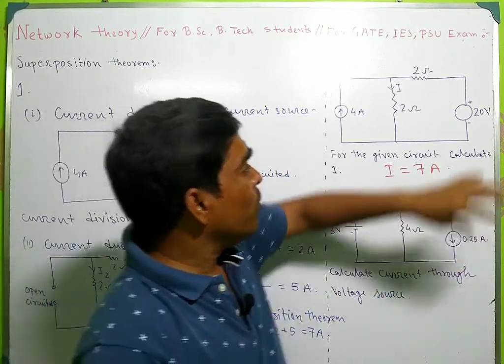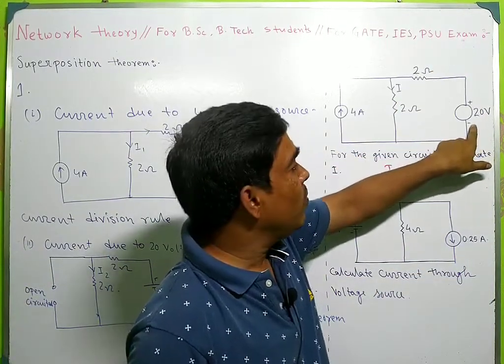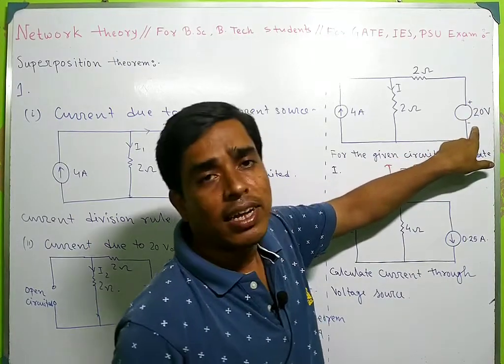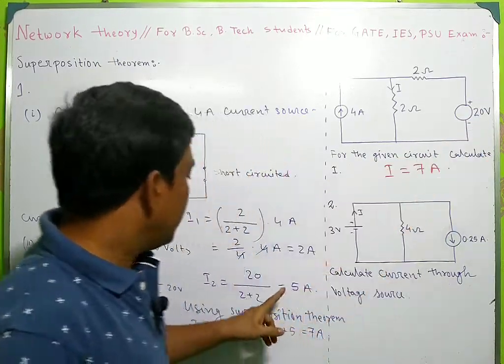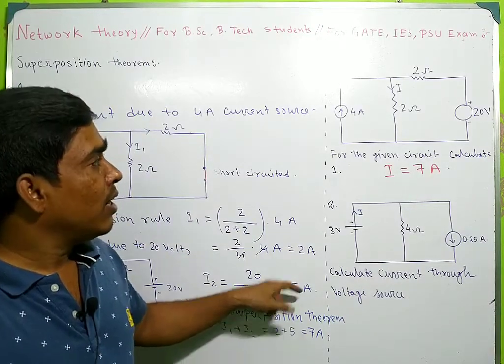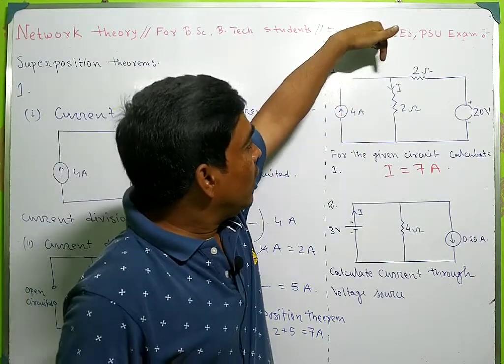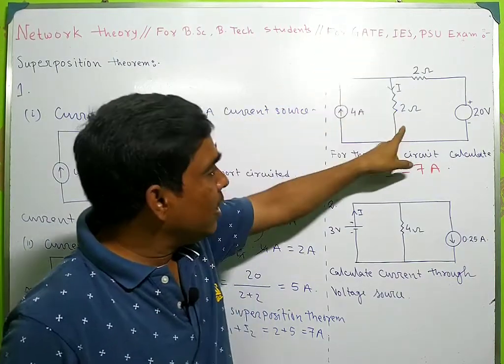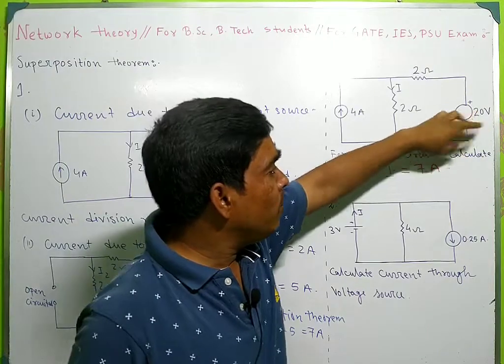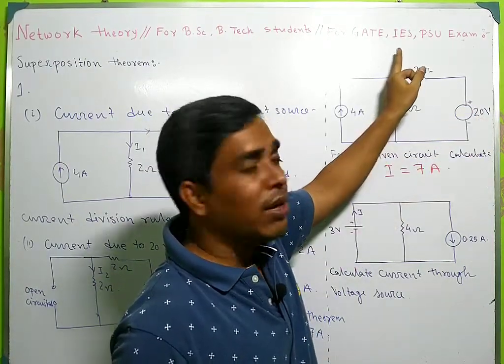Now if you reverse this sign, if you give the minus sign here and plus sign here, then it will be minus 5 ampere. So due to this 4 ampere current source, there will be a 2 ampere current in this resistance. If you reverse this sign, then the current will pass through this 5 ampere.